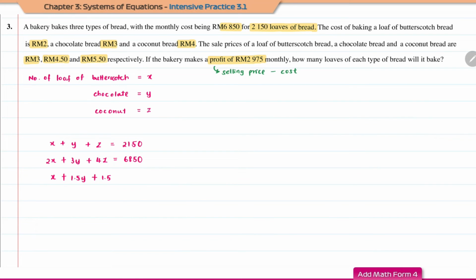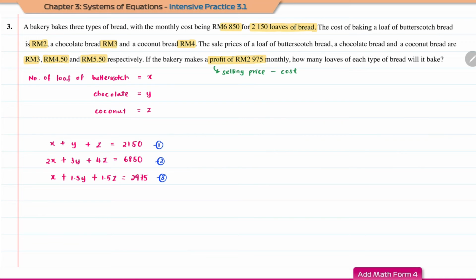And don't forget to multiply with the number of loaves of coconut, which is z. Then this is going to give you the profit of 2,975. All right, so next I'm going to label these three equations.